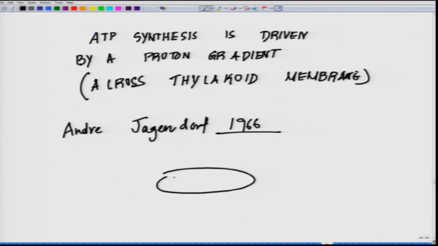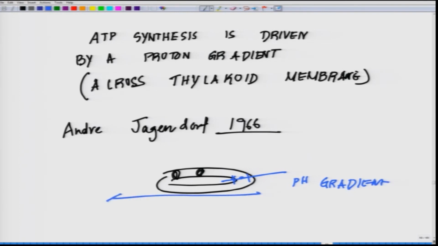You remember the thylakoid membrane? I told you the photosystems lie there, and if you could impose a pH gradient across it, say, for example, somehow you create a pH gradient across this membrane, then this could lead to ATP synthesis.